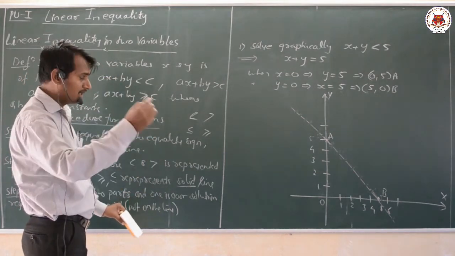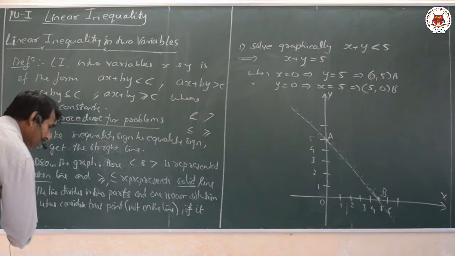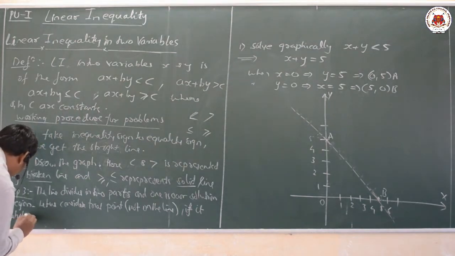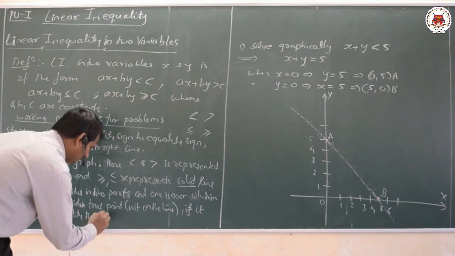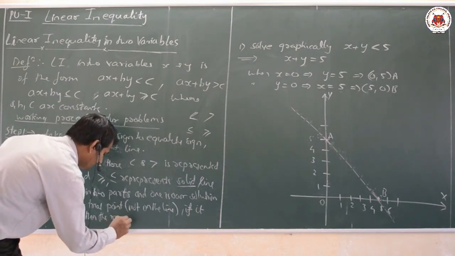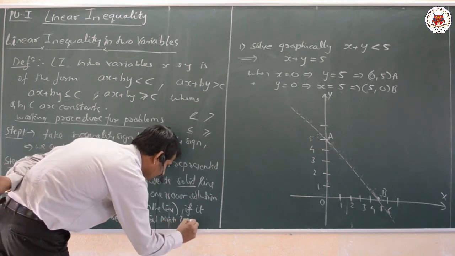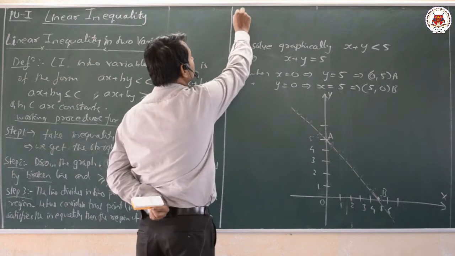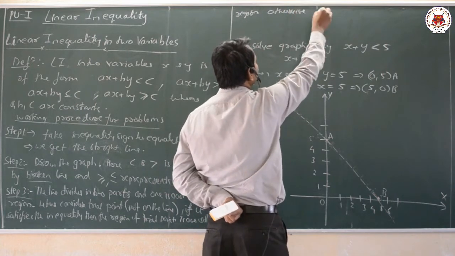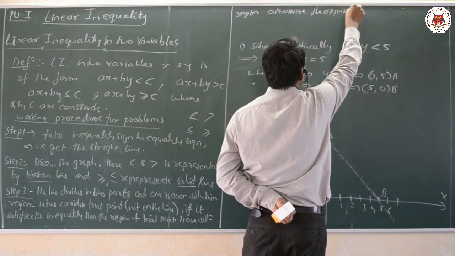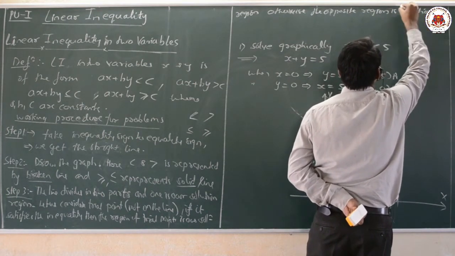Points on the line we do not consider; apart from that we consider. If the trial point satisfies the inequality, then the region of the trial point is our solution region. Otherwise, the opposite region is our solution region.